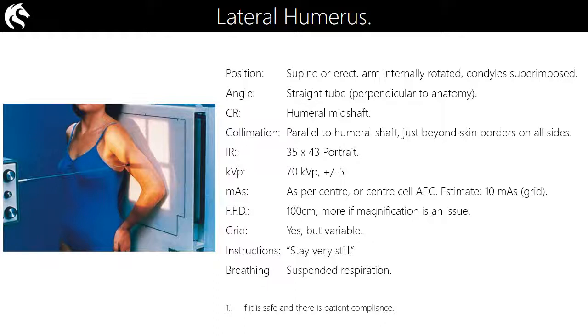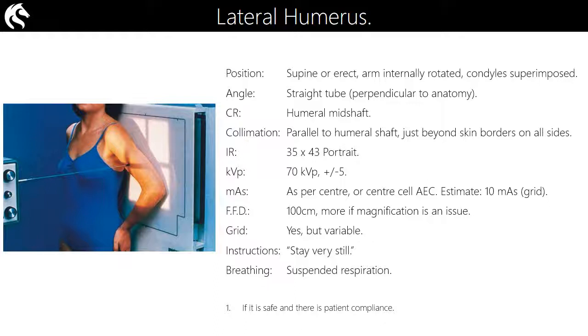In addition, when you have a patient who might have a hyposthenic body habitus, it can be challenging to get a good exposure for the entirety of the humerus in that lateral position. In that circumstance, it might be necessary to do an elbow up projection, and then to do a lateral shoulder projection, which we will recognize as the lateral scapular projection, which we'll be discussing in lecture number 3.